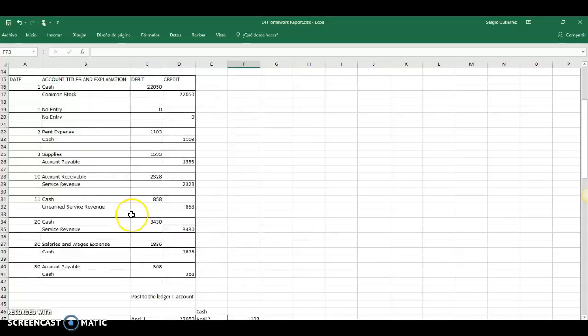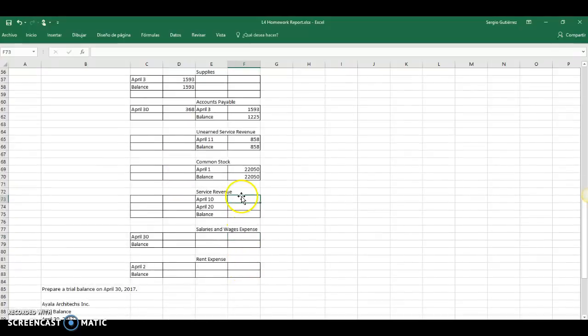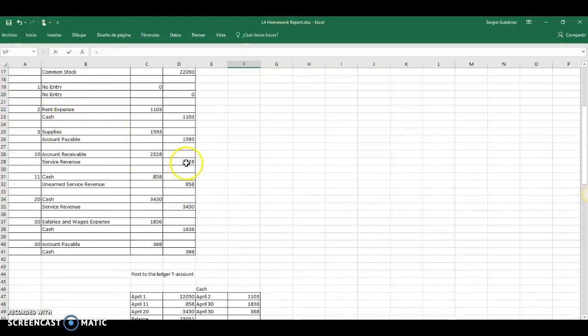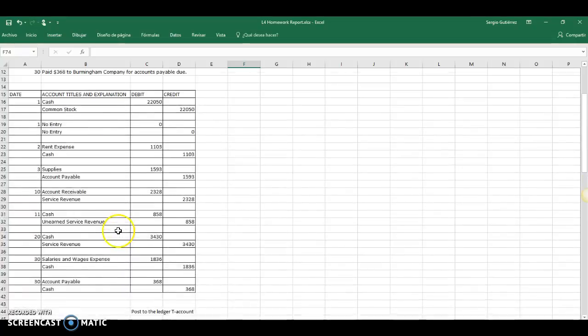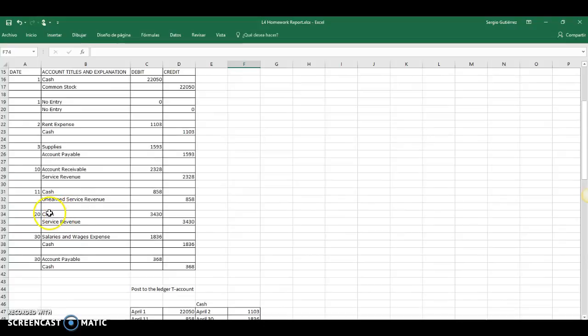Next account we are going to post in the Ledger T account is service revenue. We have two transactions with this account on April 10th. In the credit column we have a transaction, so we're going to transfer the information. So then we hit enter, and the other transaction with service revenue is on April 20, also in the credit column.